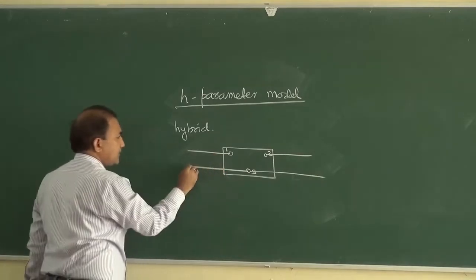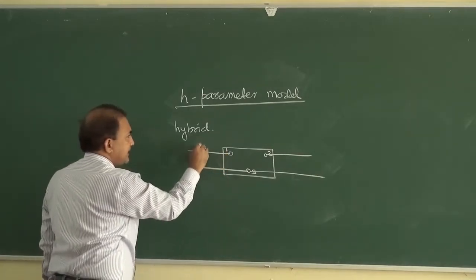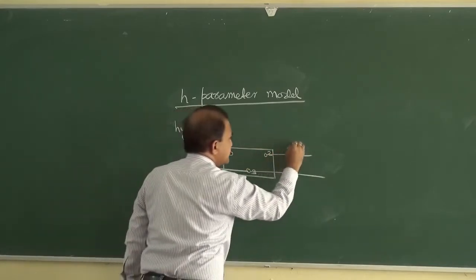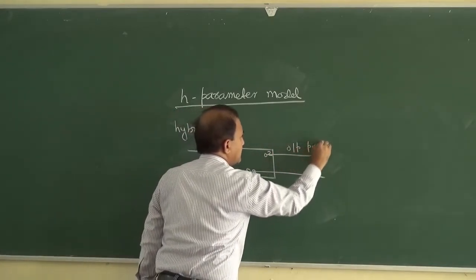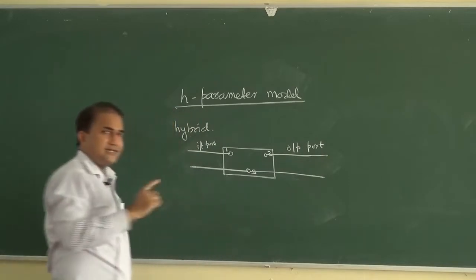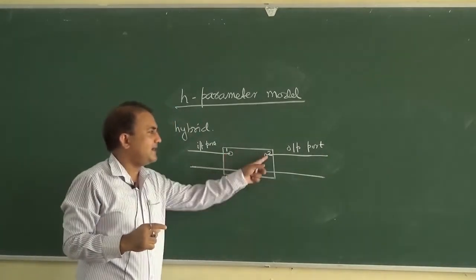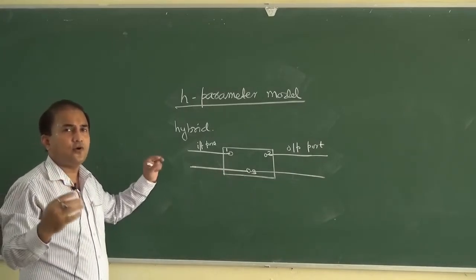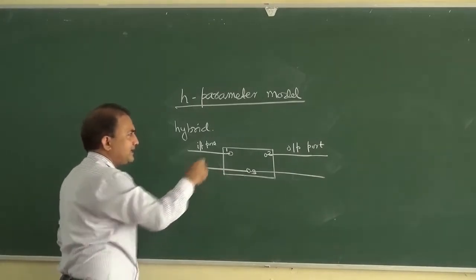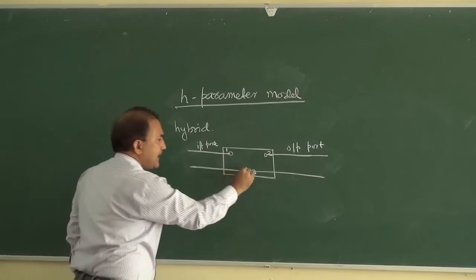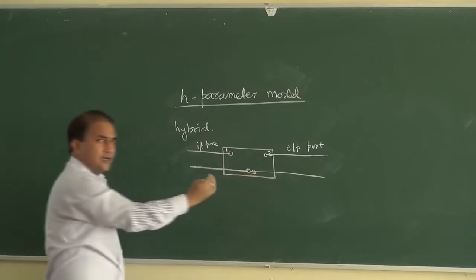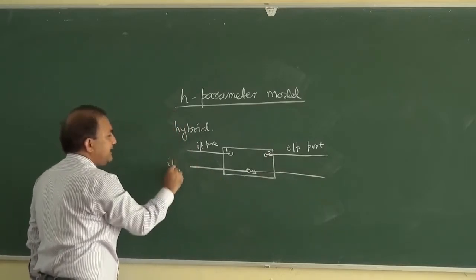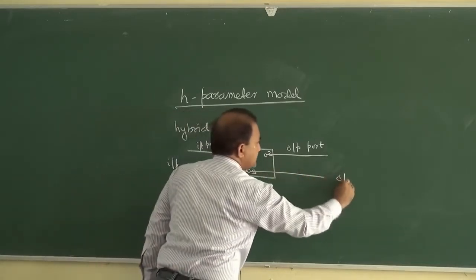So this is the input port and this is the output port. A transistor is a 3-terminal device and it behaves as a 2-port device by making one terminal common to both input and output.